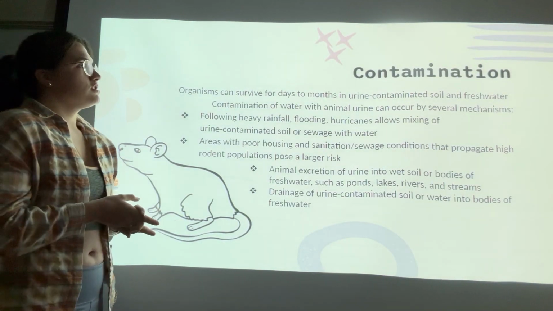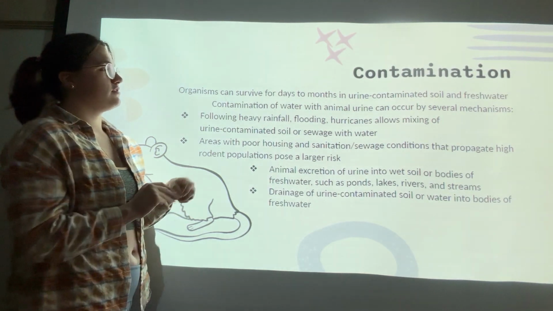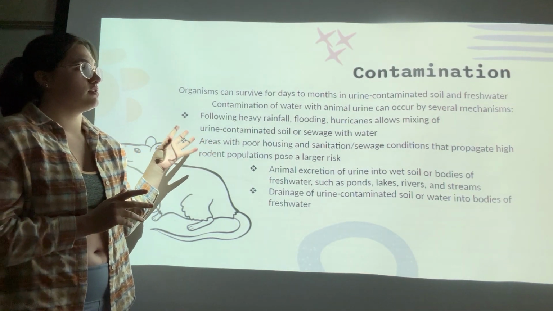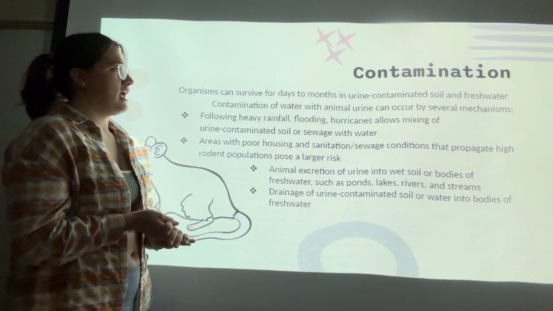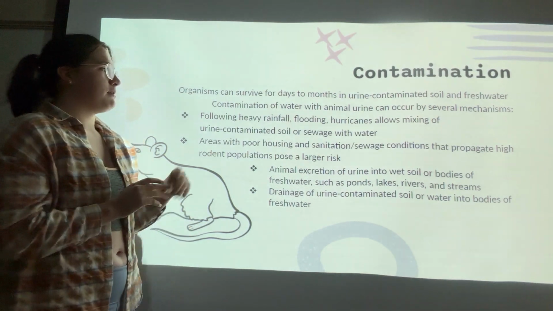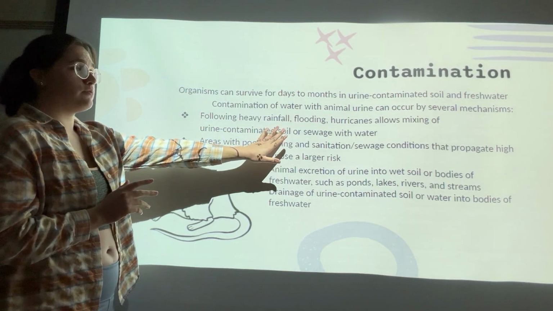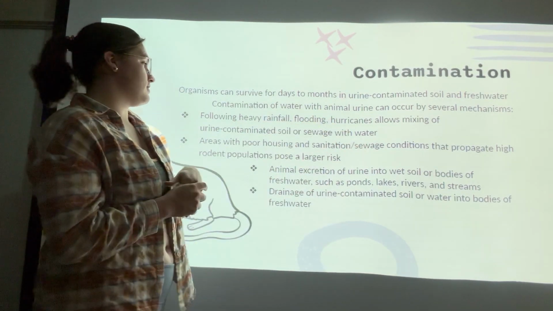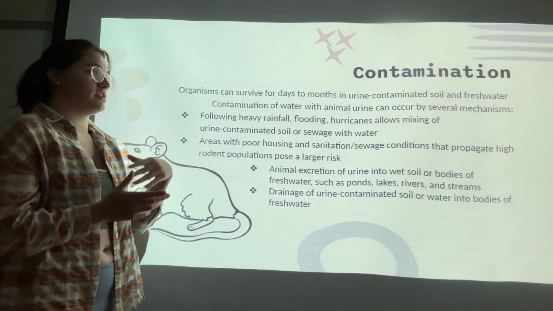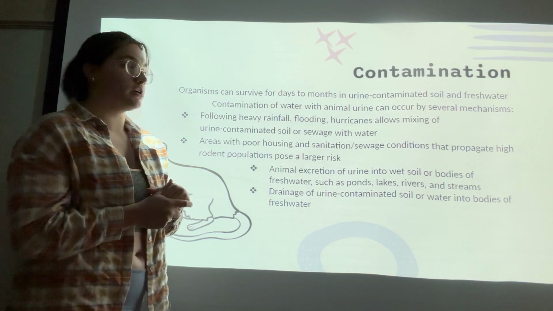All right, so talking about contamination, organisms can survive for days to months in urine-contaminated soil and fresh water, and it can happen in several ways. Heavy rainfall, flooding, and hurricanes allow the mixture of this urine-contaminated soil or sewage with water.